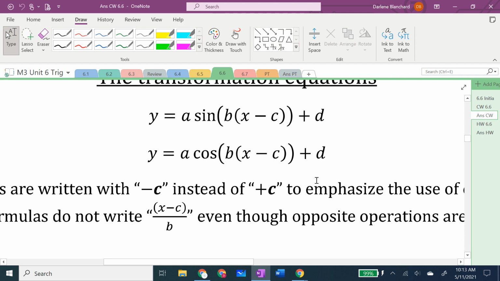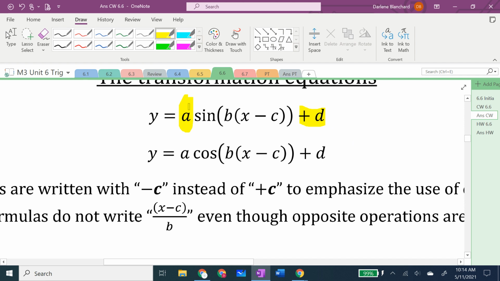So I want you to be aware that while this formula shows x minus c, to emphasize the opposite of addition, they don't show that you're doing the opposite of multiplication, and instead just add to your formula list of what to do. But the bottom line of everything on this document that I'm about to show you is, if the operation occurs outside the function, you are just going to do those exact operations to your y values.